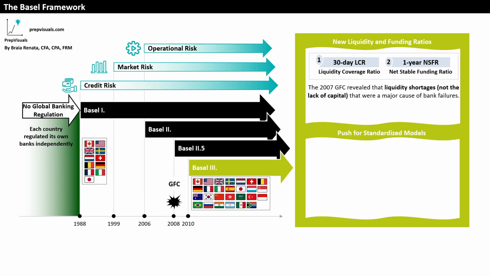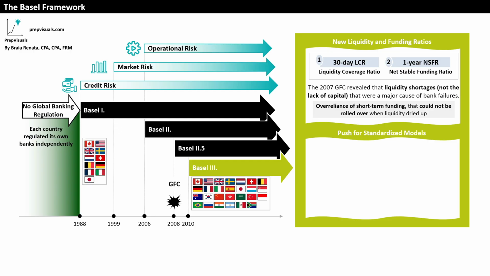Recall from my previous lessons that there was an over-reliance on short-term funding that simply couldn't be rolled over when liquidity dried up. As such, Basel III introduced these liquidity ratios to address such vulnerabilities.